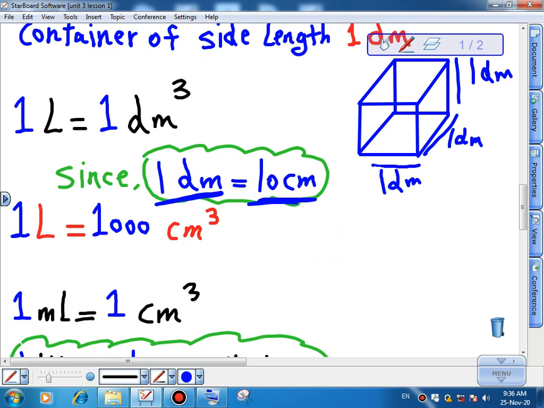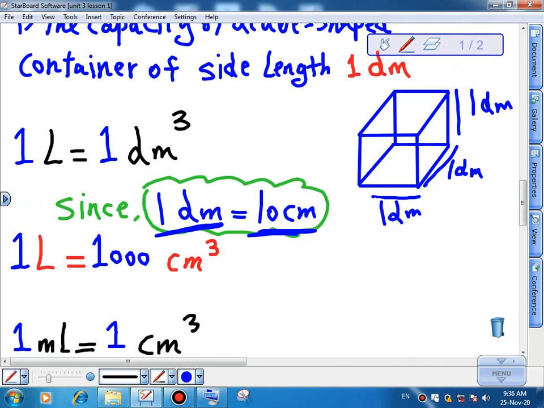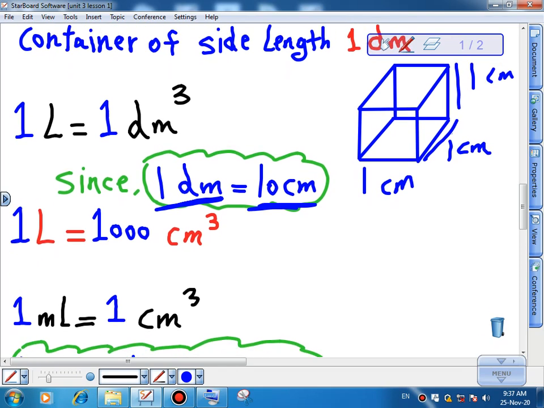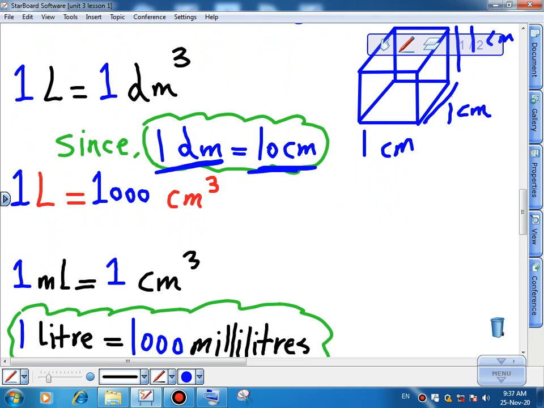And if I have another cube like this with length 1 centimeter, width 1 centimeter, and height 1 centimeter, and I need to get the capacity of this cube, according to the three dimensions, it will be 1 milliliter, not liter, which is the smallest.